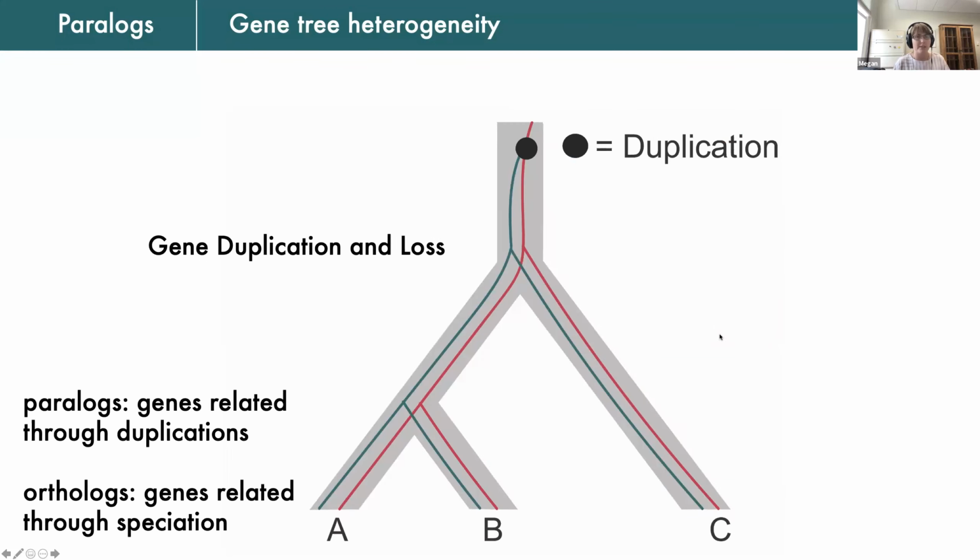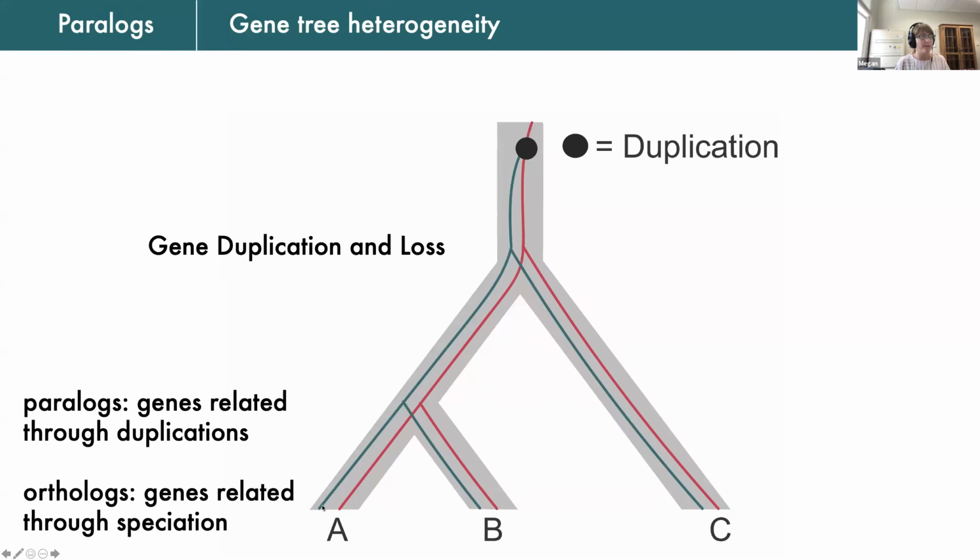And gene duplication can also lead to discordance. In this case, we have a duplication event in the ancestor of our three species. After this, we have a green copy and a pink copy, both of which undergo subsequent speciation events. This leads to several different genes, so we have two copies in each species here. Some of these genes are paralogs, meaning they're related through duplication events.